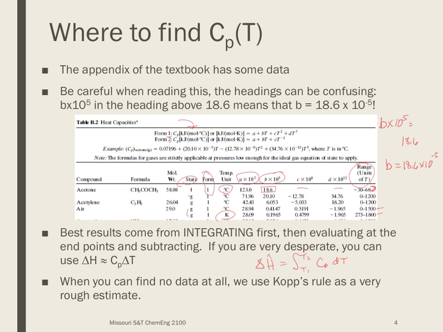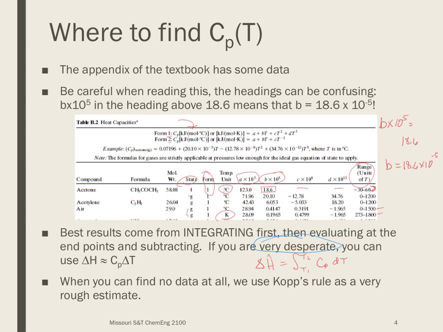This is going to get much better results than the alternative of saying, oh, C sub P is constant, so therefore delta H is C sub P delta T. This is only if you are very desperate. It's never going to be as good unless you're talking about very tiny temperature changes.